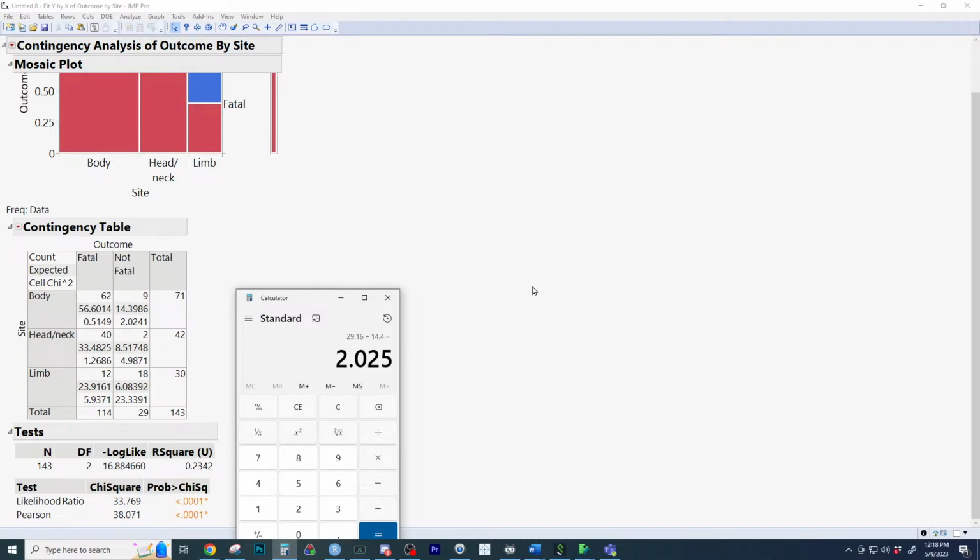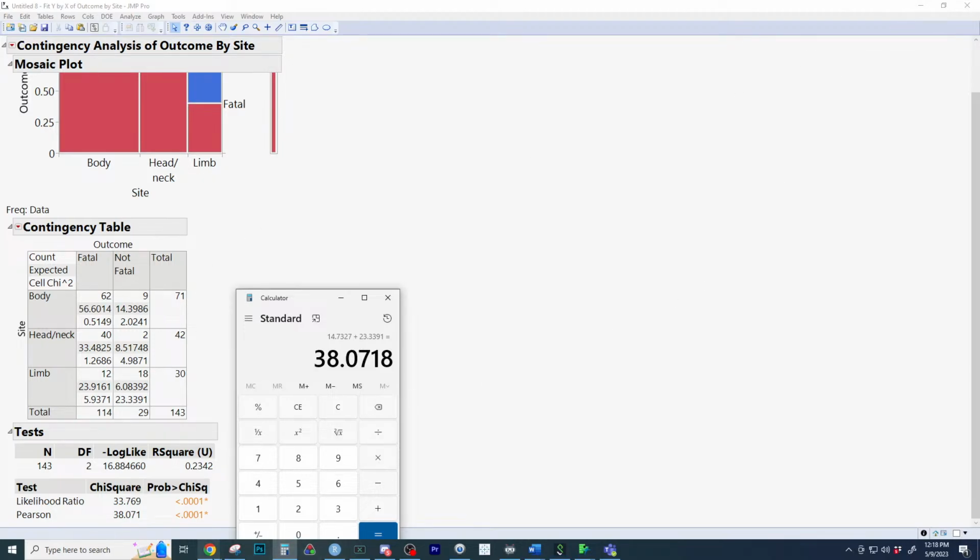The sum of all these numbers, all these cell chi-squareds, which we just talked about a second ago, every one of these added up, that's the big difference down there on the bottom. There it is right there. There is the Pearson chi-squared test statistic.